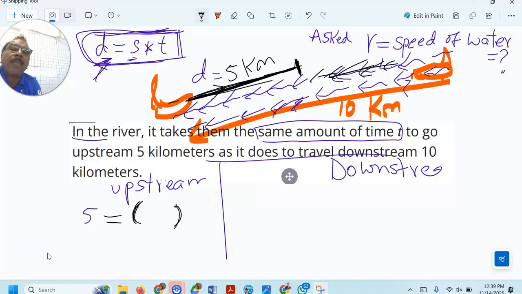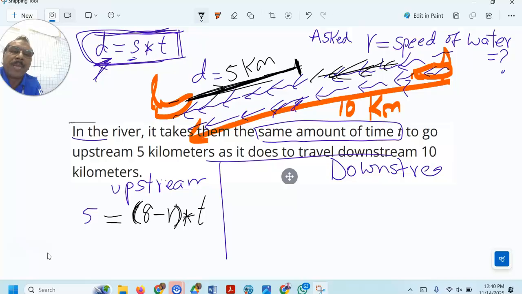When the boat is going up, in the beginning the speed was 8, but because the water is flowing downwards, it lowers by whatever that r is. So this is the beautiful expression where you write the speed is 8 minus r times the t.